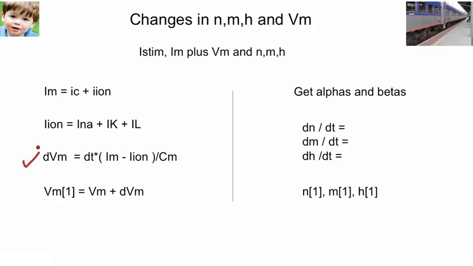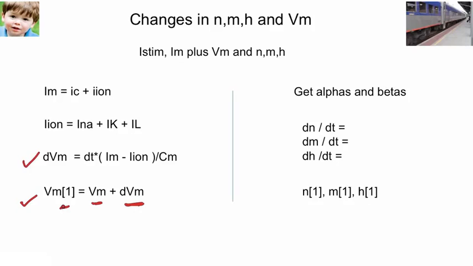We've discussed this above. Once we find dVm, we'll get a new value for Vm by taking the old value and adding the change. In that fashion, we'll have moved from our starting time to a new time, which here is designated time number 1.